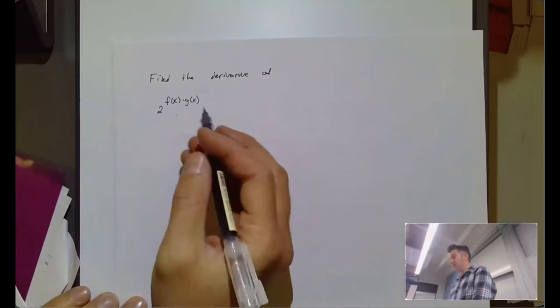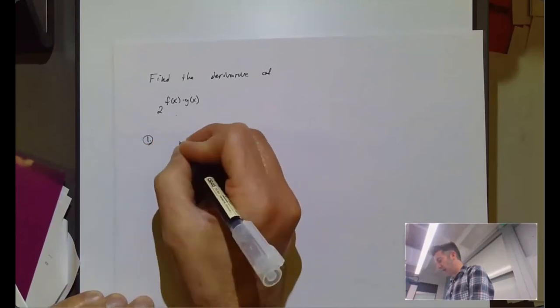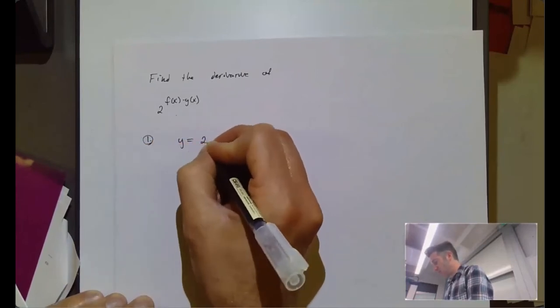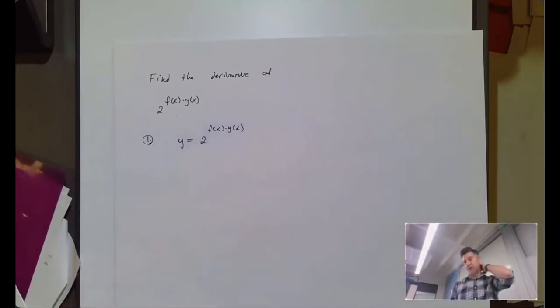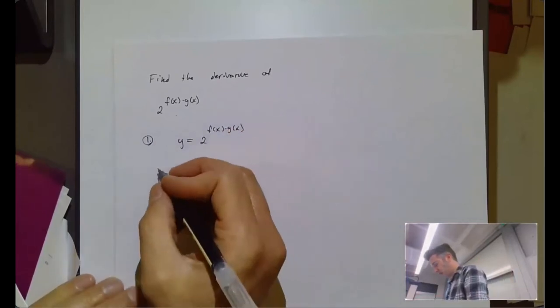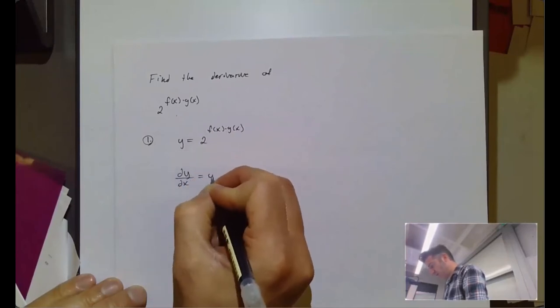So if I was doing this, I would first write it as y equal to 2 to the f of x times g of x, just because it feels better to do it that way. And then my derivative dy dx or y prime, whichever way you want to write it.